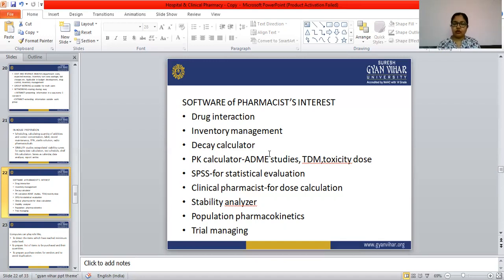Drug interaction software, inventory management, software for decay calculator, software for PK calculator and ADME studies, software for TDM, software for toxicity doses, software for statistical evaluation, software for clinical pharmacist for dose calculation, software for the stability analyzer. These are the different types of software that the pharmacists need.